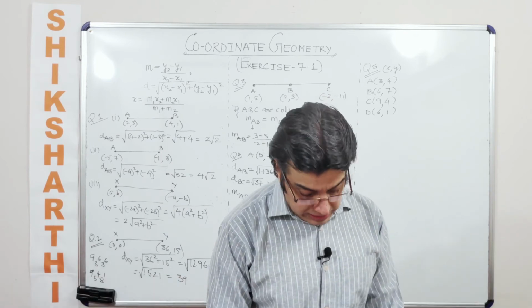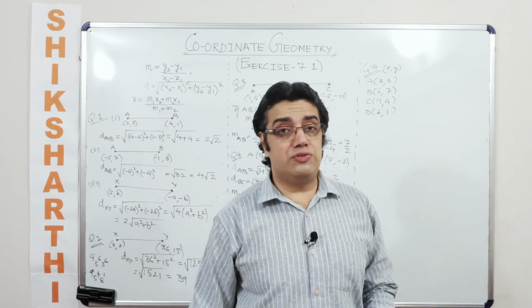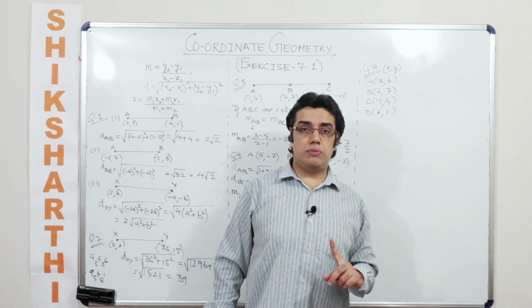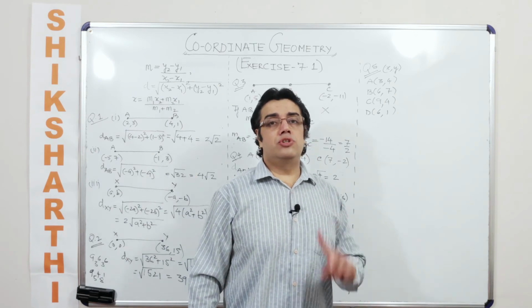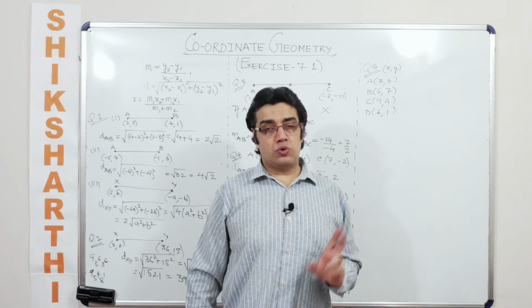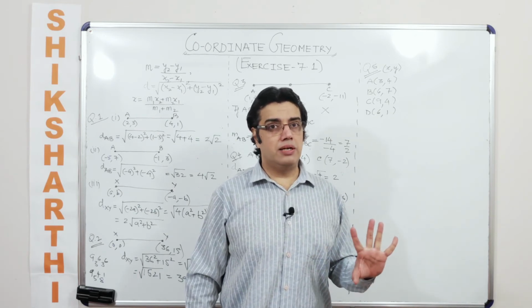Now when you are using the distance formula, you are using only the distance formula. One should understand that the distance formula merely does not help you to uniquely identify whether it is a square or it is a rhombus, because in the rhombus also all the four sides are equal.